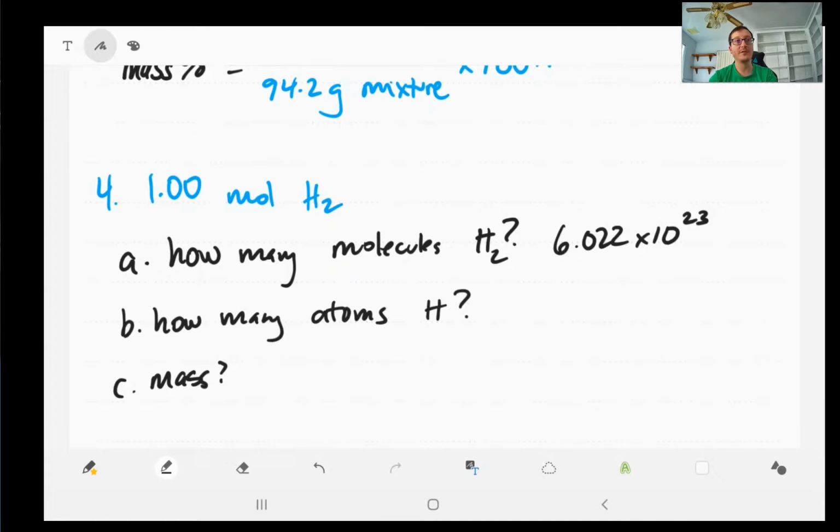It doesn't matter. So, for how many molecules are 1 mole of hydrogen, H2, that is Avogadro's number of molecules. If we look at atoms, it would be 2 times this number, because we have 2 atoms per molecule. So if we have 6 molecules, we have 12 atoms. And so it would just be twice as big as that, whatever that number happens to be, 12.044, I guess. And then the mass would just be the molar mass, so that would be 2.016 grams.